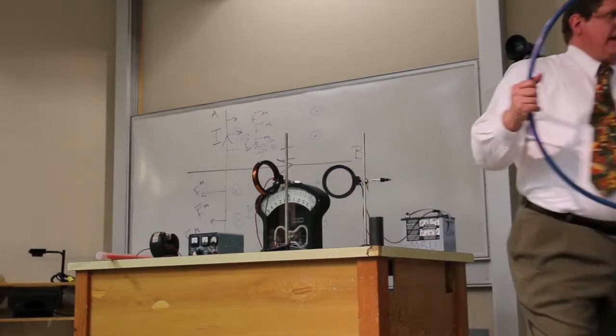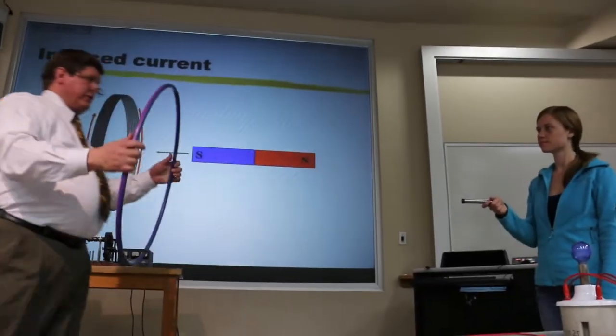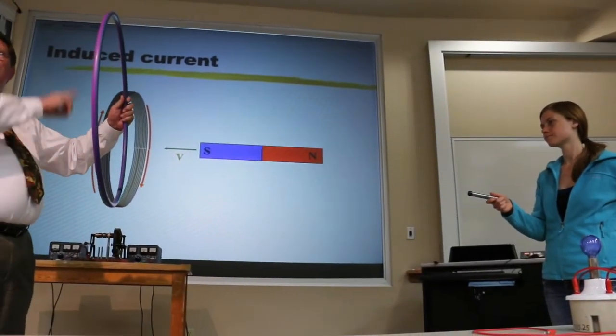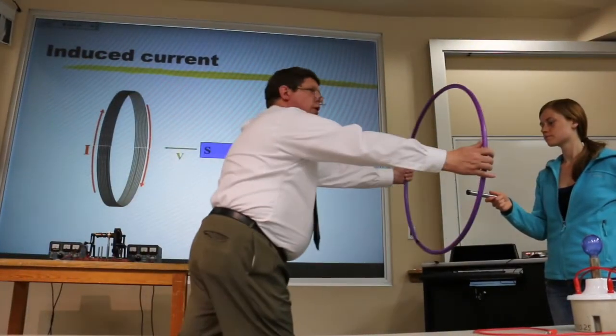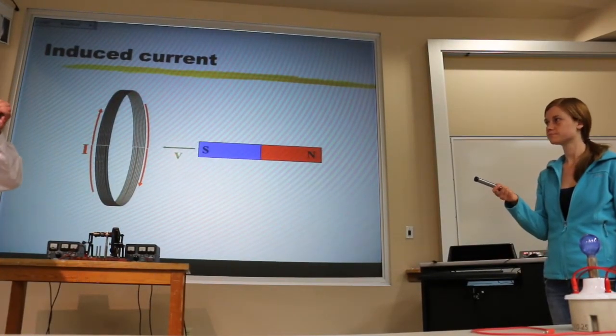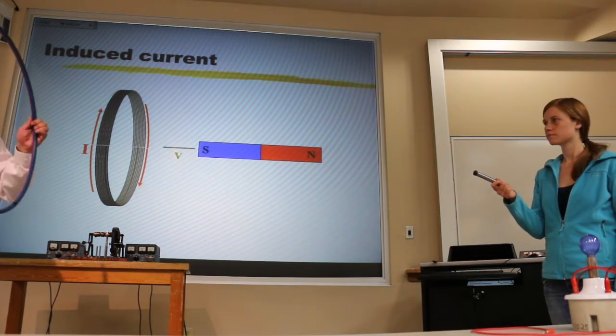Amanda is holding the south pole towards me, and as I push this copper loop towards the south pole, think of this as a hollow plastic loop with positive charge carriers.